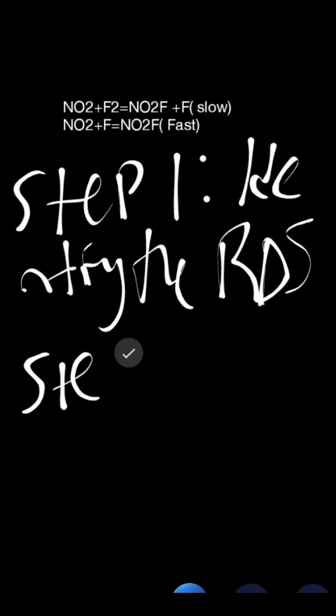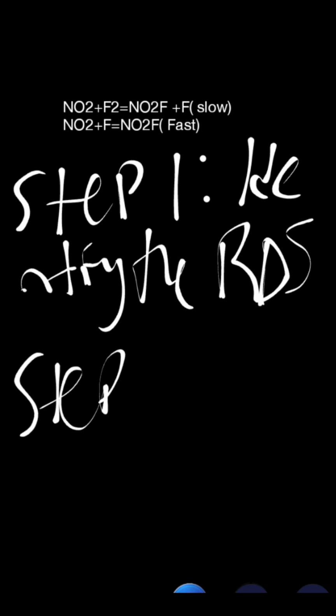The slow step is reaction 1, NO2 plus F2. Then step 2, write the rate law.